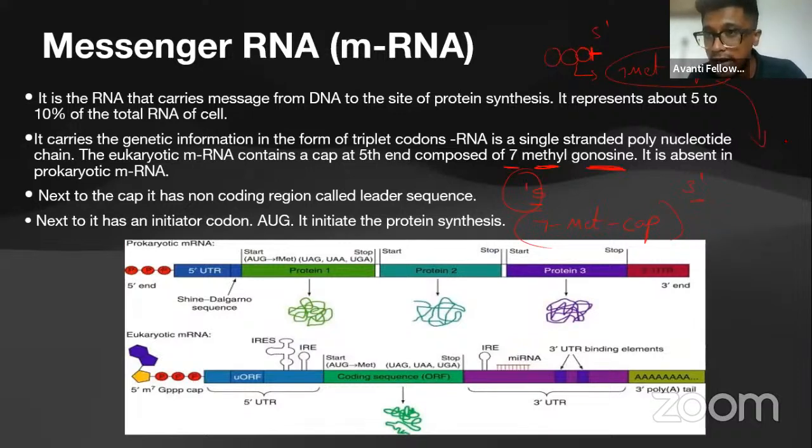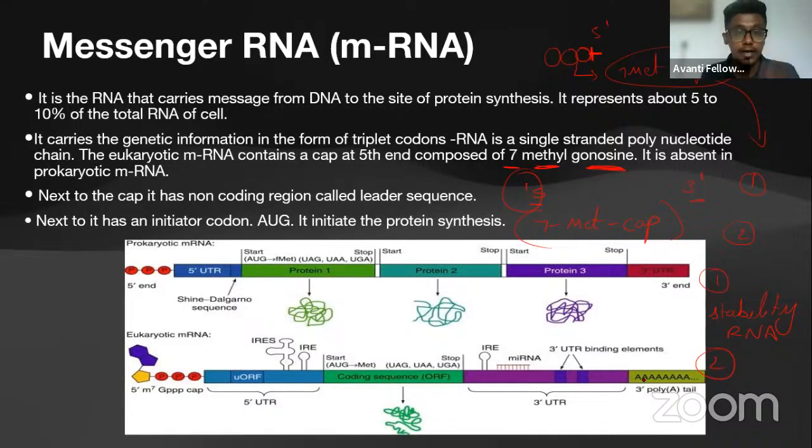Now, why do we require this cap is the first question. We require this cap because of two reasons, one and two. The first reason is it adds stability to the RNA. Very easy. What is the second reason? Once the mRNA comes out of the nuclear membrane, who has to receive this mRNA?